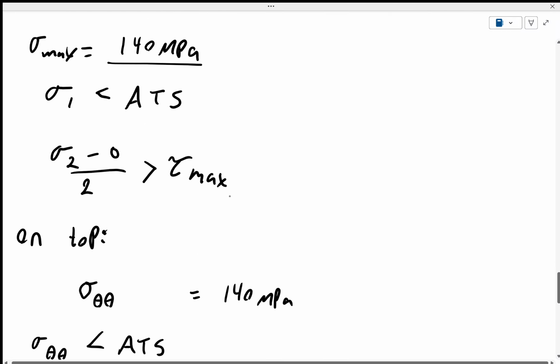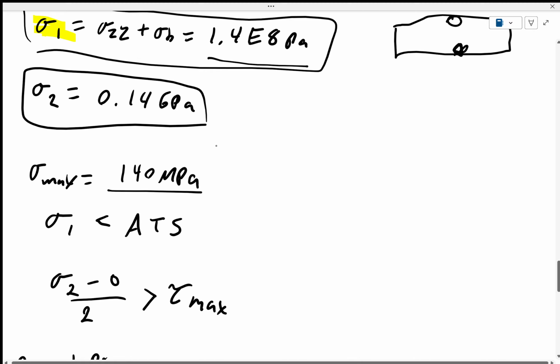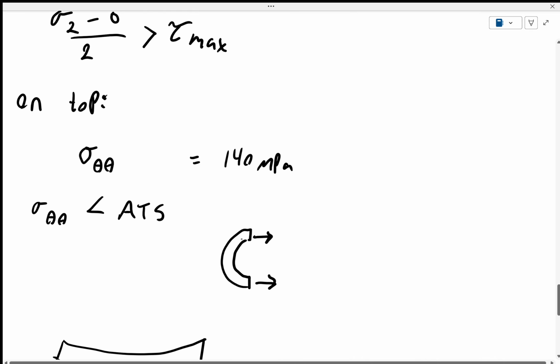And so with our principal stresses, in order to find our shear max, we can take that sigma 2 divided by 2 to get our principal shear as a result of our hoop stress, which is kind of weird to imagine. But if you imagine the top of that hoop, you know that the tension looks something like this, and you can imagine a way you could draw an element where it's being sheared, say like that.